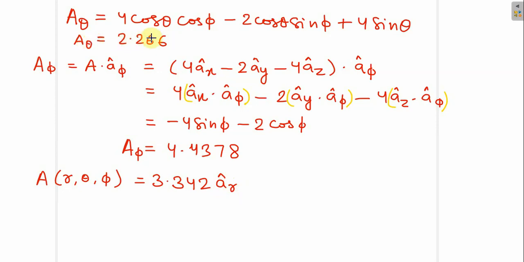A theta, how much have we calculated? 2.266, so it will be plus 2.266 a theta. And the component along a phi is 4.4378, so plus 4.4378 a phi. In this way we can have the vector in spherical coordinates. Okay.